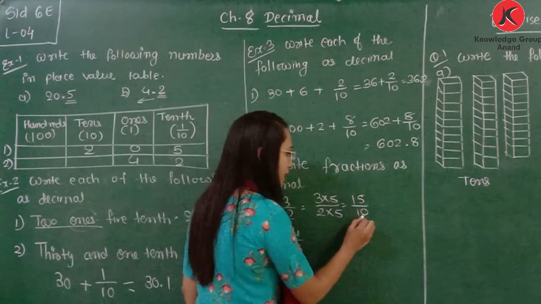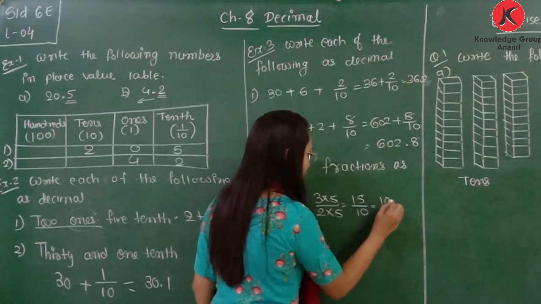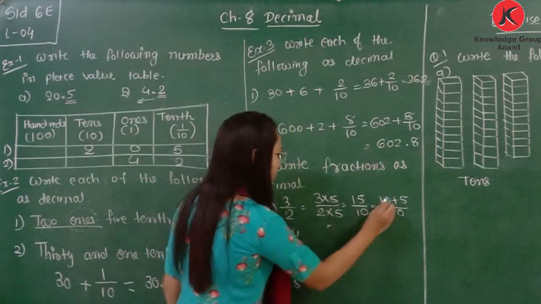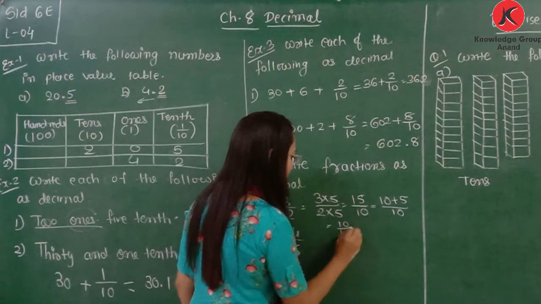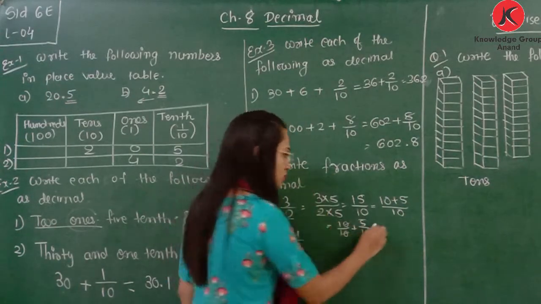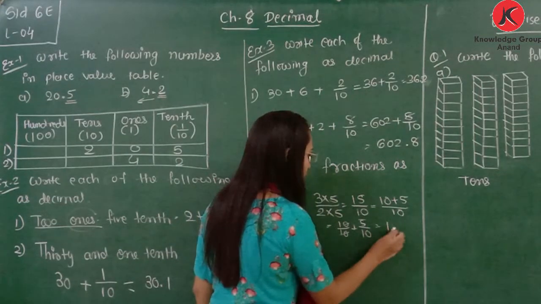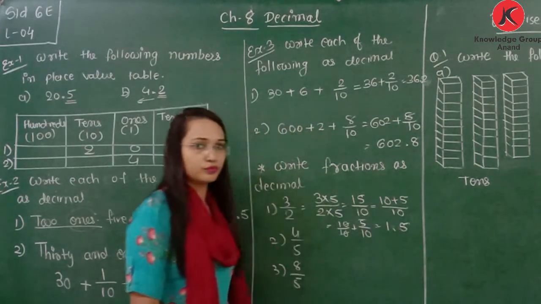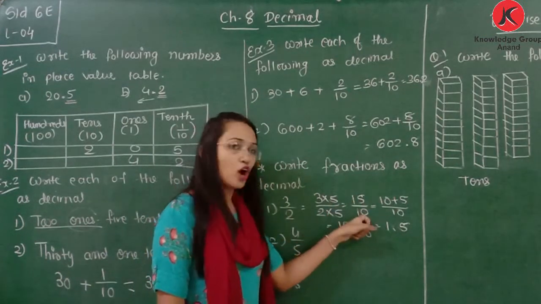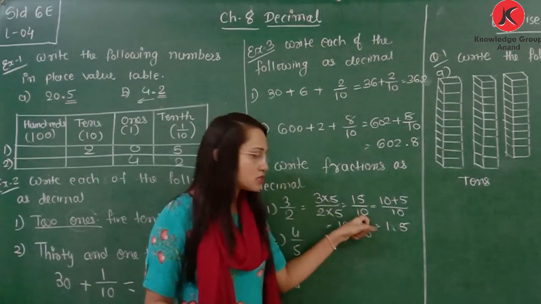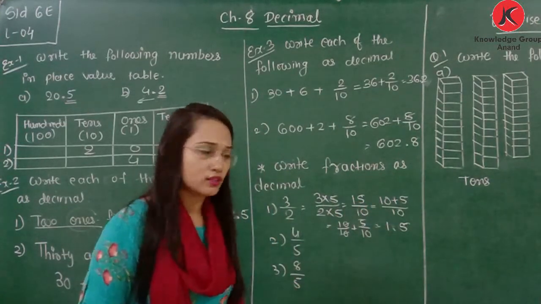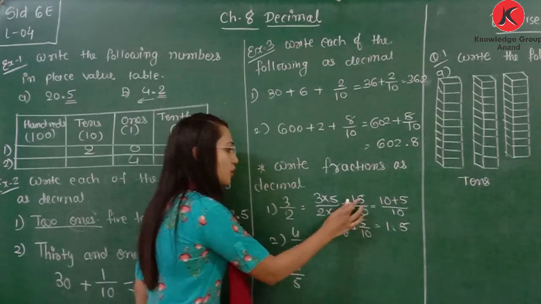Now 15 by 10 is written as 10 by 10 plus 5 by 10. 10 by 10 means 1, and 5 by 10 means 0.5. So this is 1.5. Or you can directly write it: the denominator has only one 0, so there must be one digit after the decimal point, so you must write the decimal point.